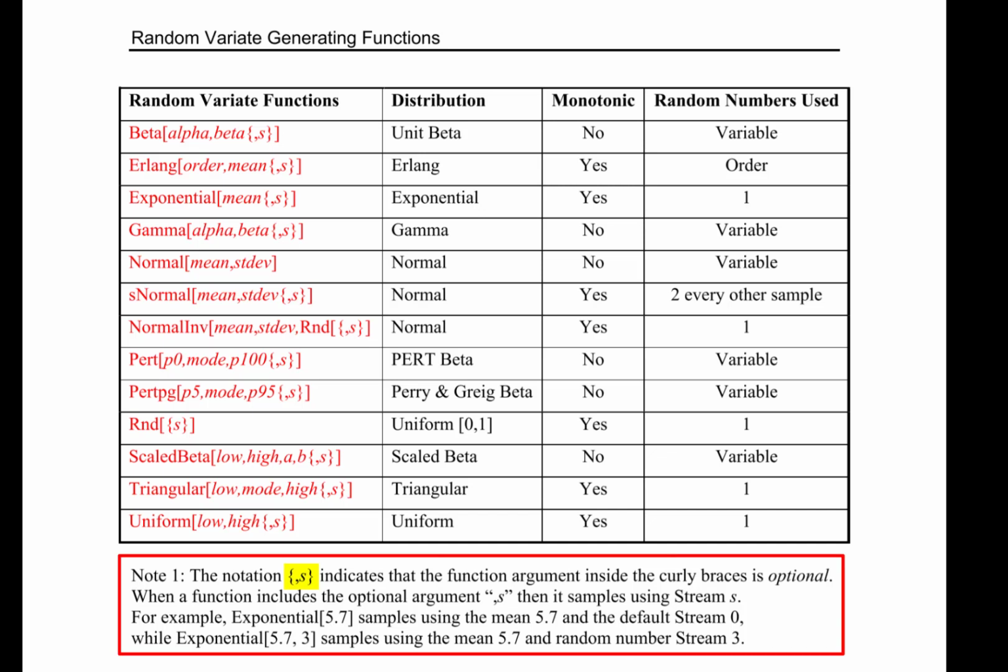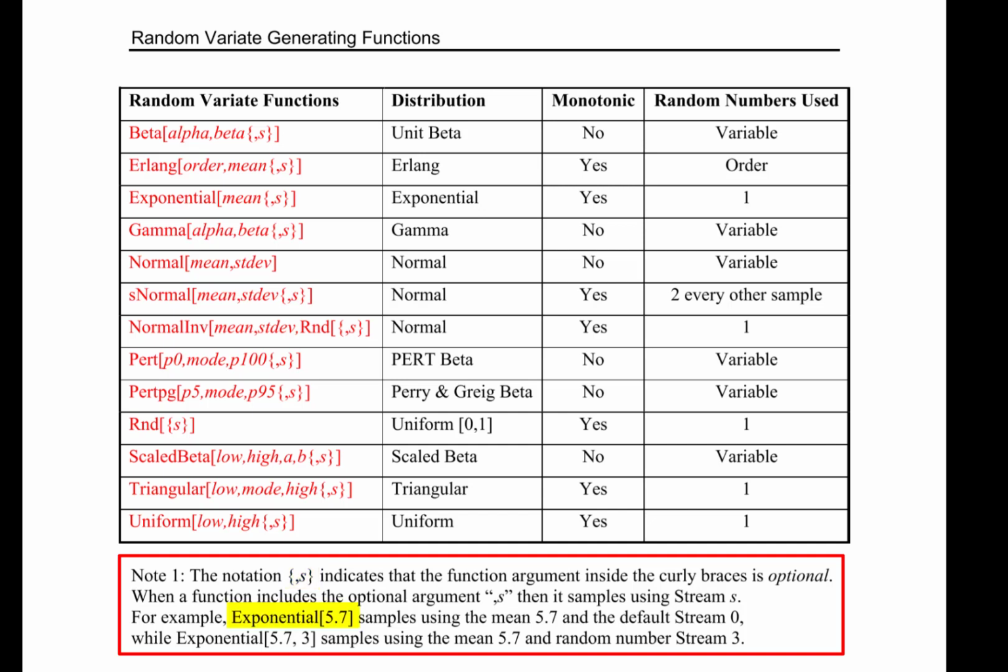The notation s in curly braces indicates that the function argument inside the curly braces is optional. When a function includes the optional argument, s, then it samples using stream s.